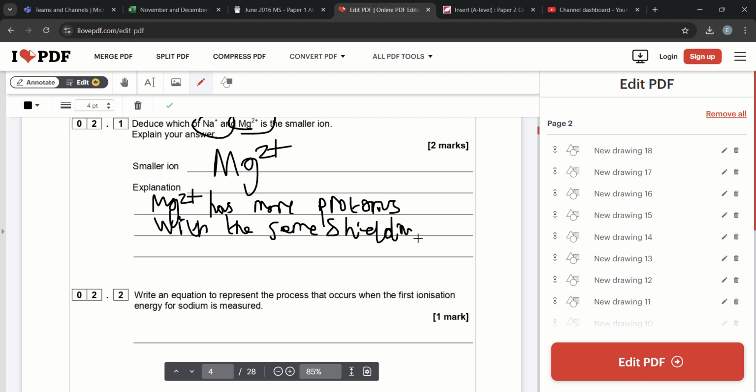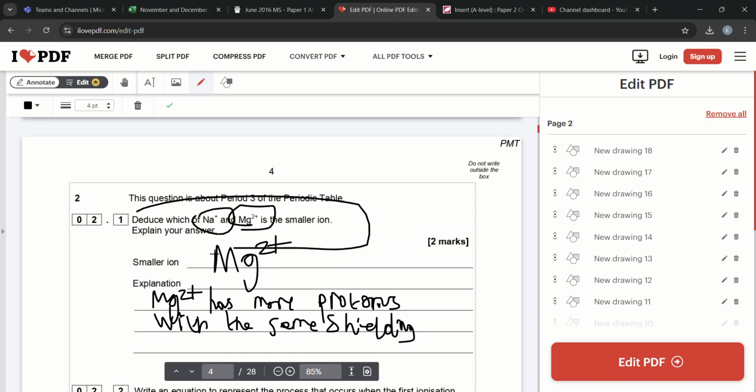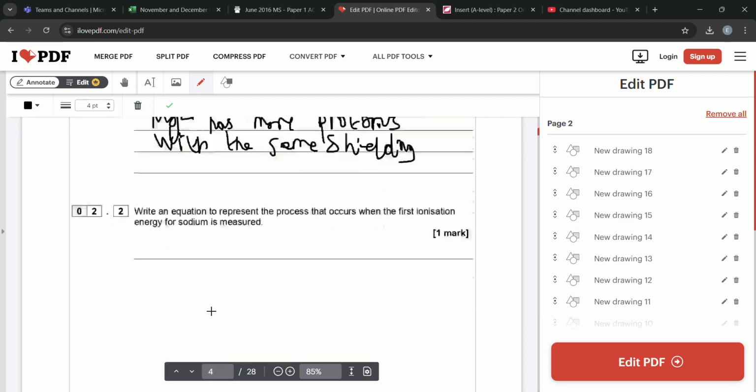And I recommend putting this question on a flashcard because you can apply this to any kind of ion. If it's always about deducing this 2 marker, the answer is because more protons with the same shielding.